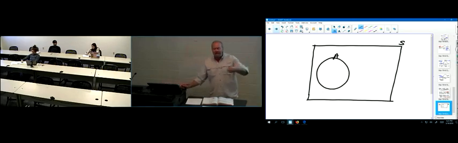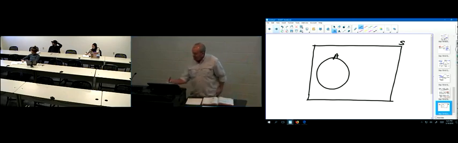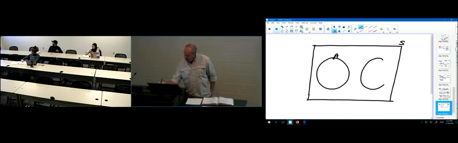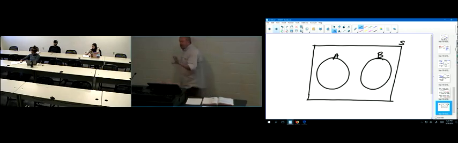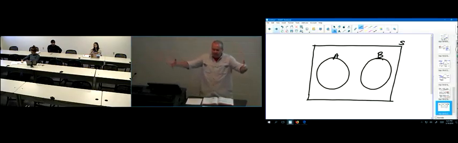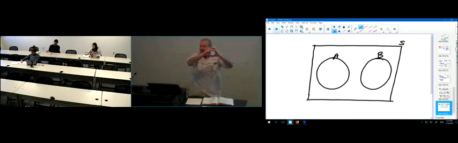So that's the event A. In other words, all the outcomes that make up A are in that little circle. And then there is your event B. Right? So what I've just drawn you in picture form is the big rectangle is your sample space, all your possible outcomes. A is this collection of them over here. B is this collection over here.